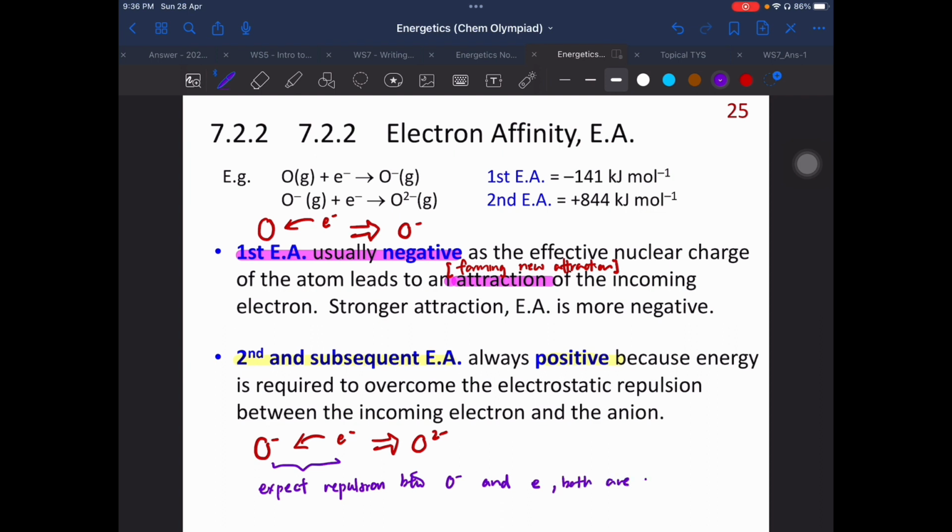So there will be some form of repulsion between the two, and in order to overcome this repulsion, you need energy to be taken in, right? And therefore that's why it's usually going to be endothermic as a process. Okay, so that's your electron affinity in terms of the concept.